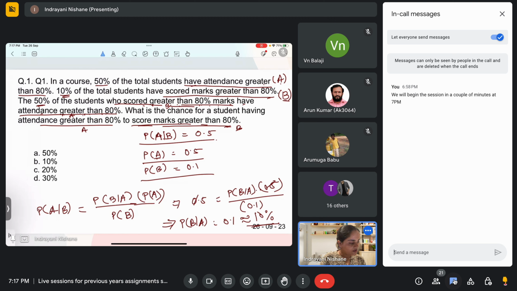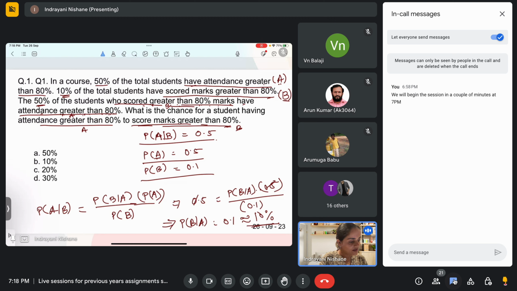Okay, so let's again cross check that we have not made any mistake in the interpretation of the question. Attendance greater than 80% is condition A, and marks greater than 80% is condition B. Now the 50% they have given is students who have scored greater than 80% and they already have attendance greater than 80%.